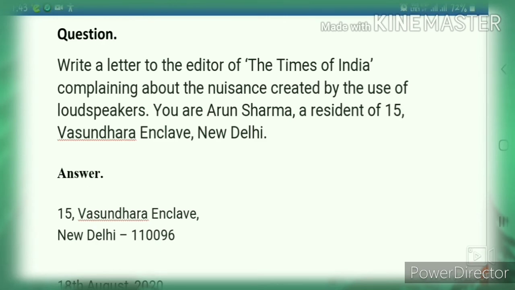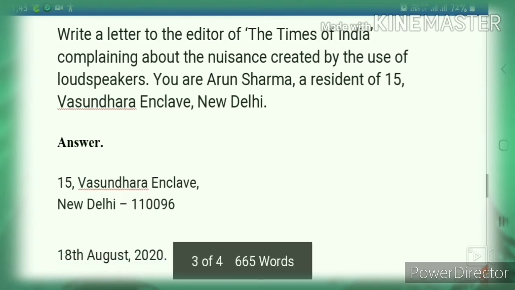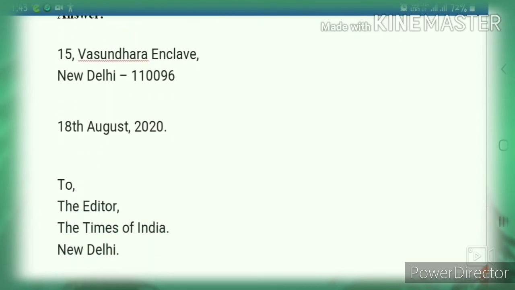All right, so you start your answer here. First of all, as I told you, on the left hand side top corner of your page, you will be writing the sender's address, the person who writes this letter. You are the person who's going to write this letter. You are Arun Sharma, so you will be writing your address, which is given in this question itself.